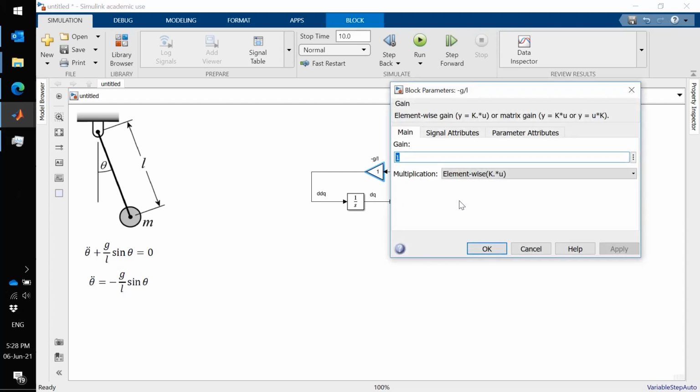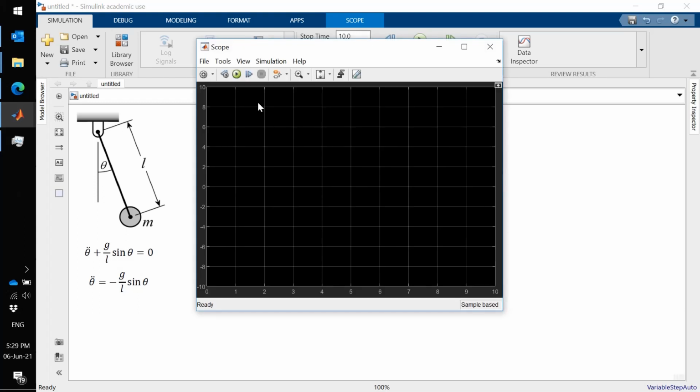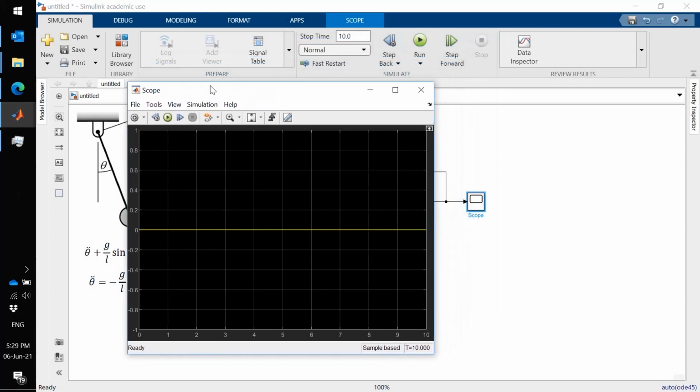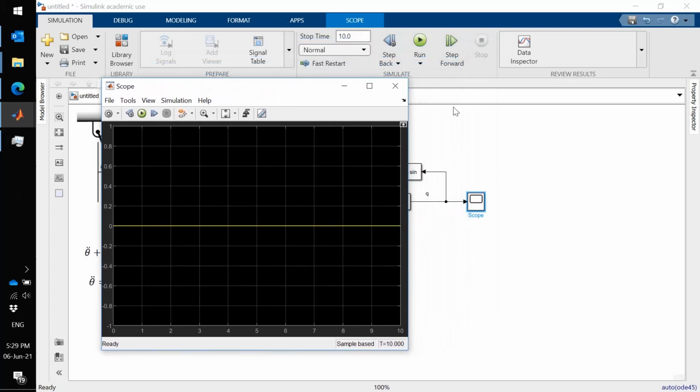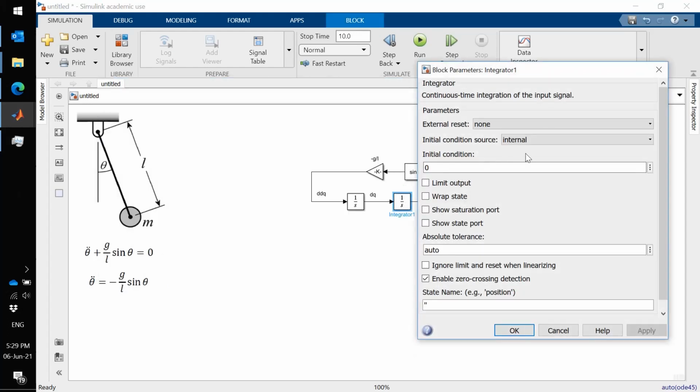So the gain will be negative g over L, that's negative 9.81 divided by L, which is 1 in this case. And let's run the simulation, and I will get nothing because there's no input and I have not defined any initial conditions.